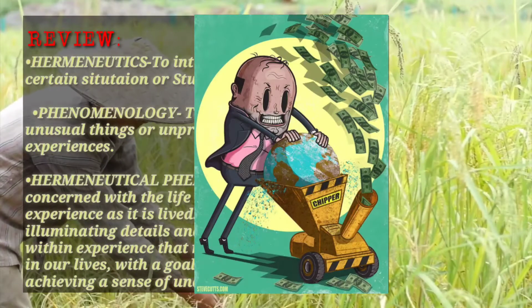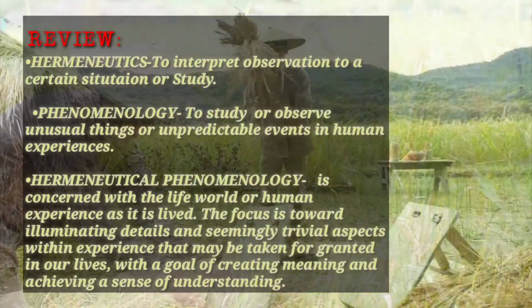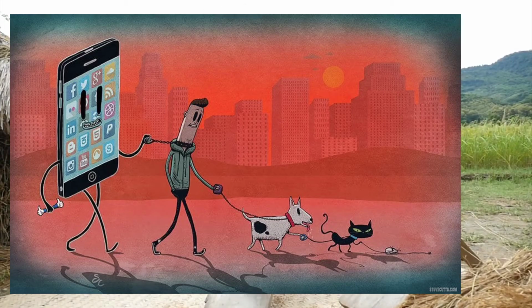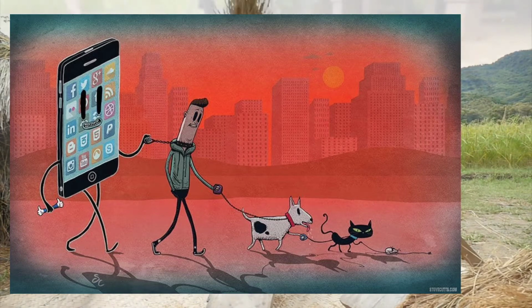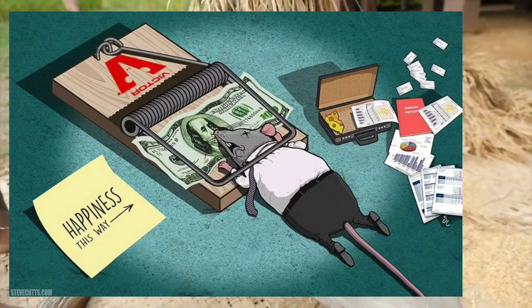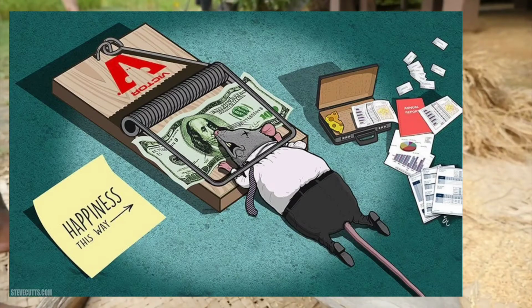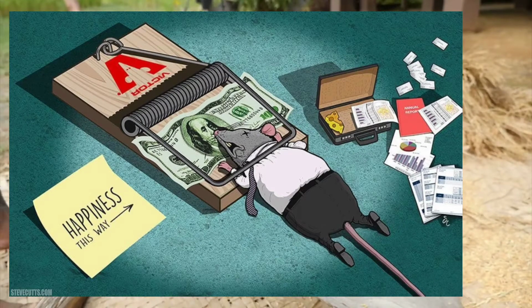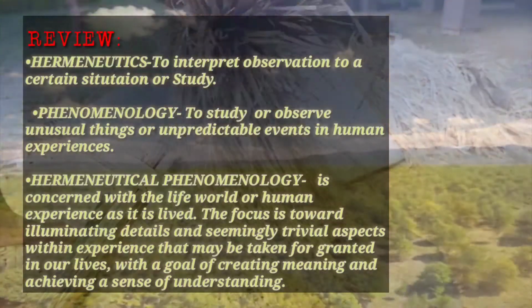So the focus of this is toward eliminating details and seemingly trivial aspects within experience that may be taken for granted in our lives, with a goal of creating meaning and achieving a sense of understanding.